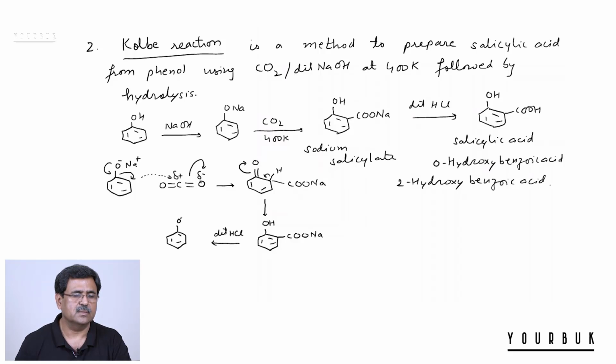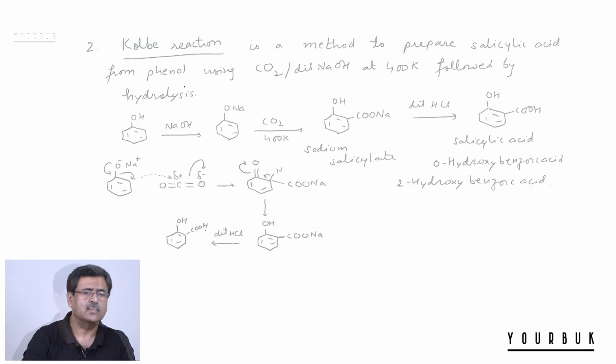This is salicylic acid, and this reaction also involves the formation of a new carbon-carbon bond. Now, once the salicylic acid is produced, it can be changed into two other very important products.